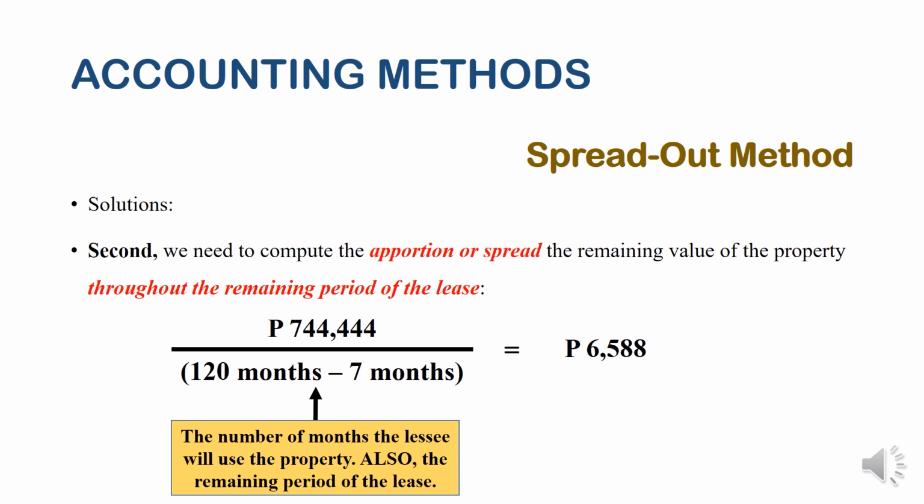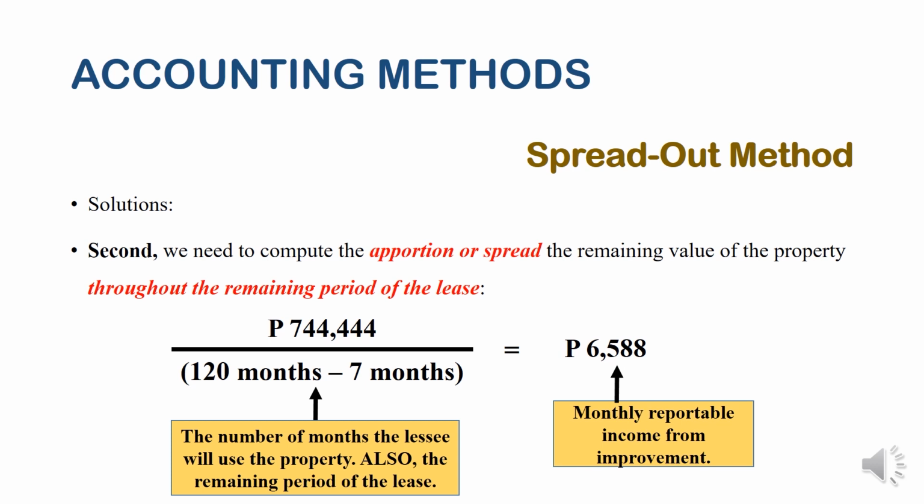This 6,588 pesos is the monthly income of the lessor, as spread, from the leasehold improvement. Again, 6,588 is the monthly reportable income from the improvement.